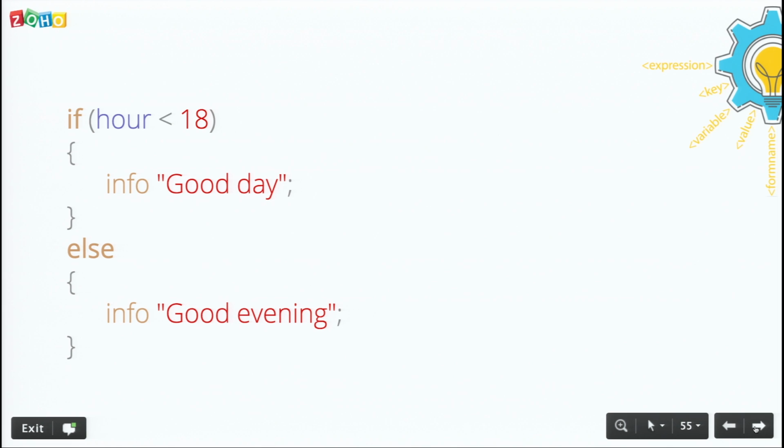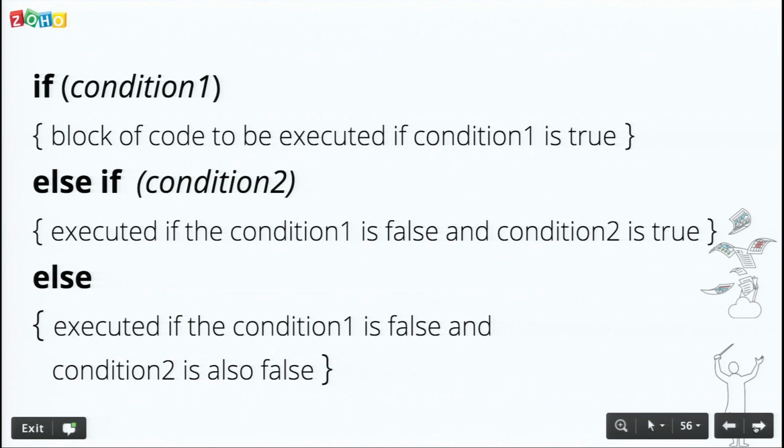So we're going to change a little bit, add a little more value to it. There is something called else if. We have checked a few things in the last slide, right? We said if it is lesser than 18:00, we say good day.